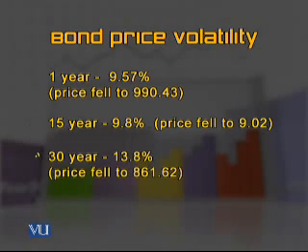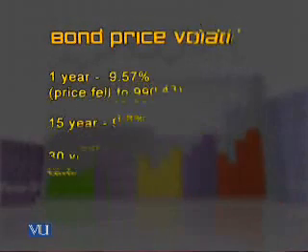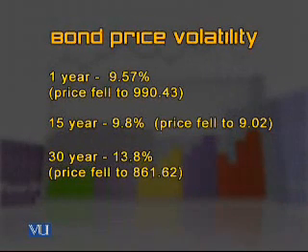If it's a 30-year bond, 13.8%, the price will fall to 861.62. So you'll notice a direct relationship between bond prices and market yields or market interest rates, and volatility increases with maturity. The longer the period to maturity, the greater the effect on bond prices.